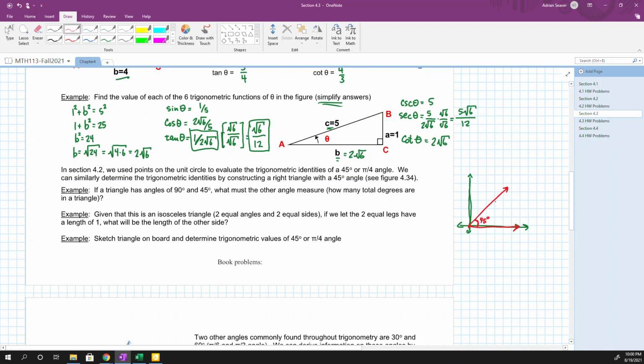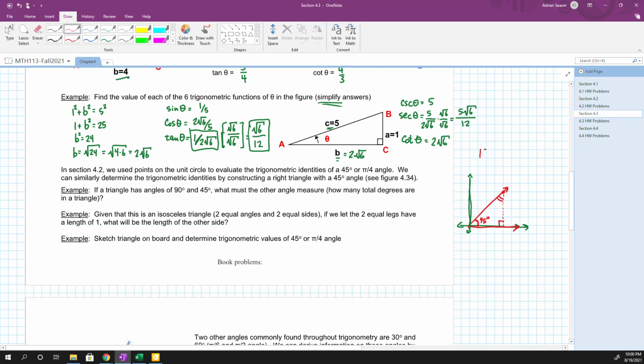Okay, so if I pick any point, like I said, it doesn't really matter. But if I pick any point, let's say this point, and I bring down this perpendicular here to the x-axis, then I have a 45-degree angle in this triangle, and I have a 90-degree angle in this triangle. What does this other angle have to be? Well, if we were in class, we'd discuss this, but all the angles in a triangle have to add up to 180.